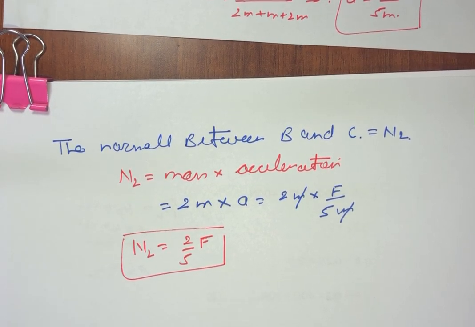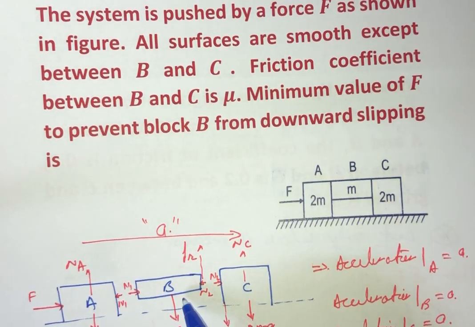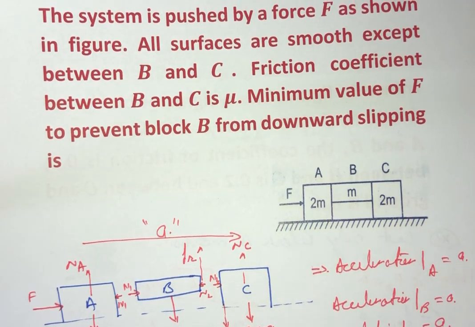Next, block B will try to fall down in the downward direction because of its weight mg. If Fr is able to balance or is greater than mg, then block B will not fall in the downward direction.